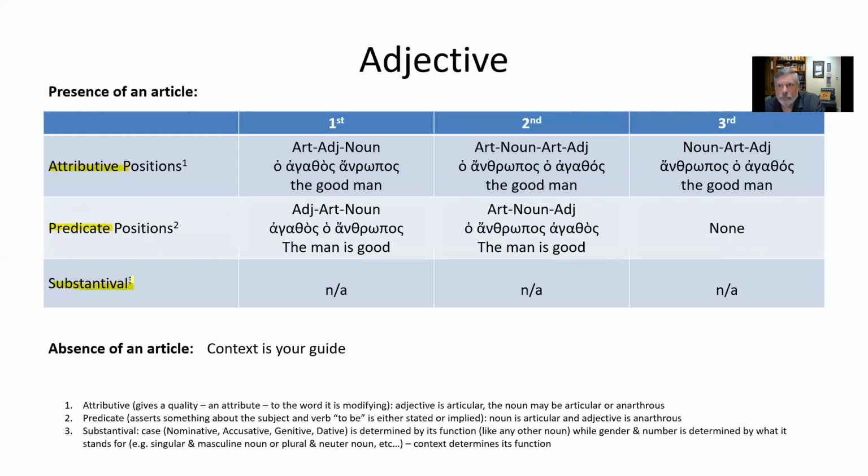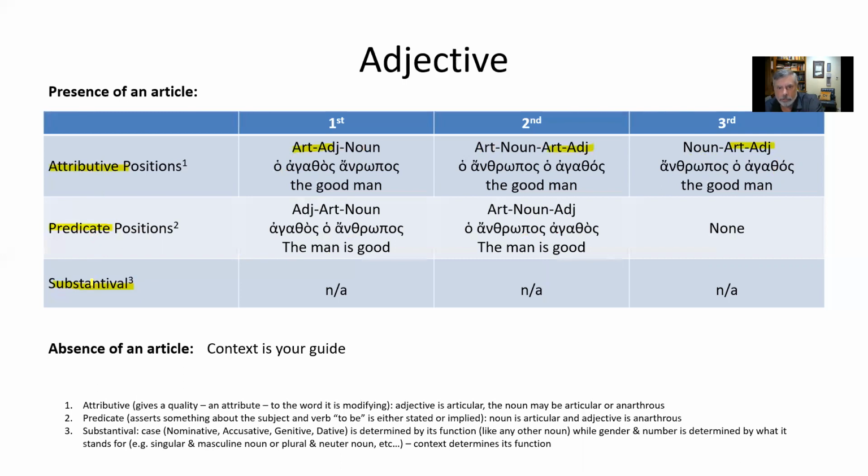If the article is with the adjective, it will function either in the attributive position or the substantival position. Let me say this again. If there is an article with the adjective, it will be either in the attributive position or substantival.